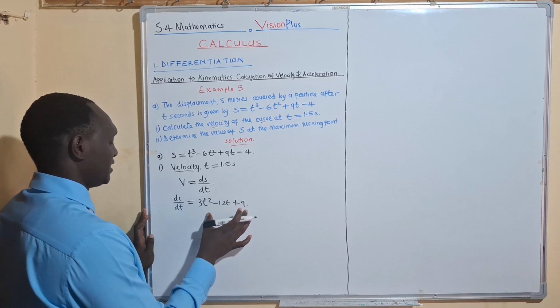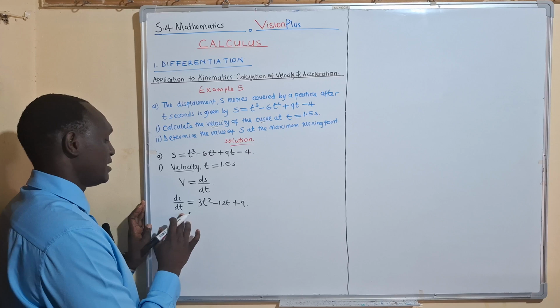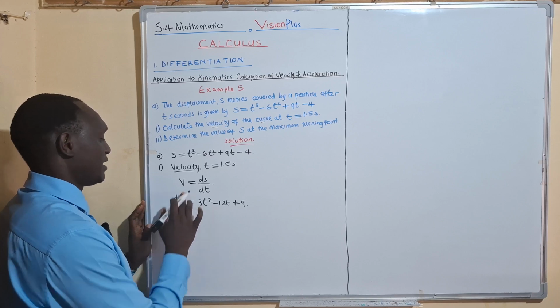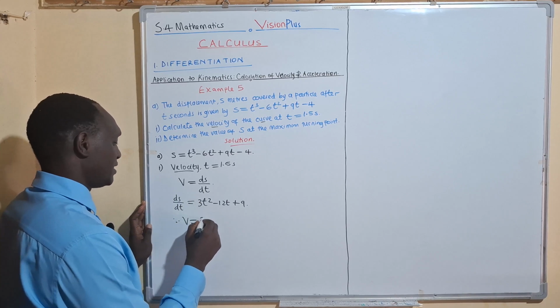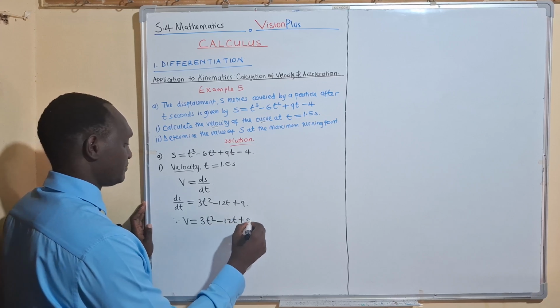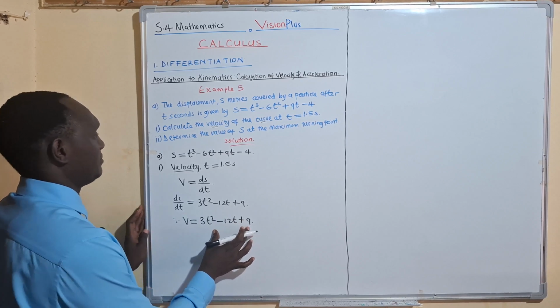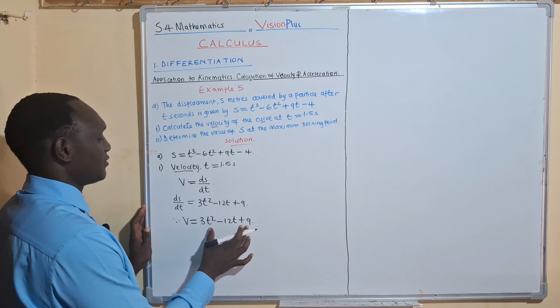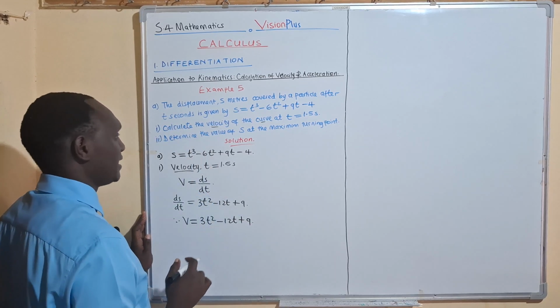We have differentiated it. This is the rate of change of displacement, which is the gradient function of displacement, and it is velocity. Therefore, the velocity at any time t is 3t squared minus 12t plus 9. This is the velocity of the curve at any time, or the rate of change of displacement at any time.